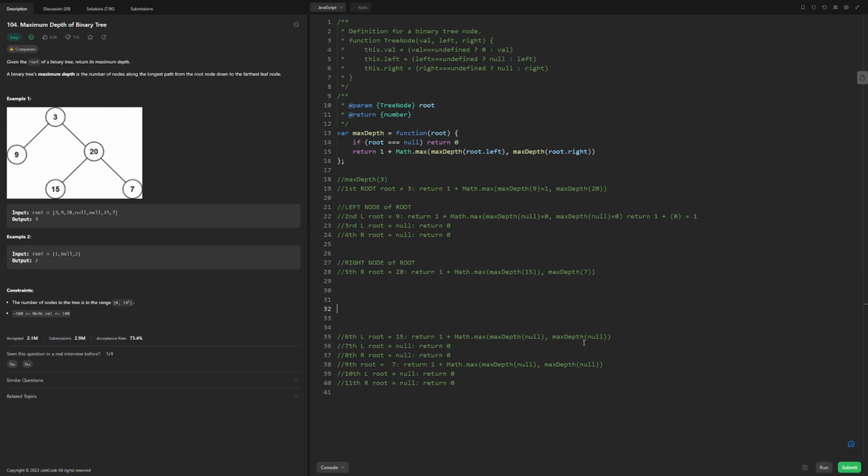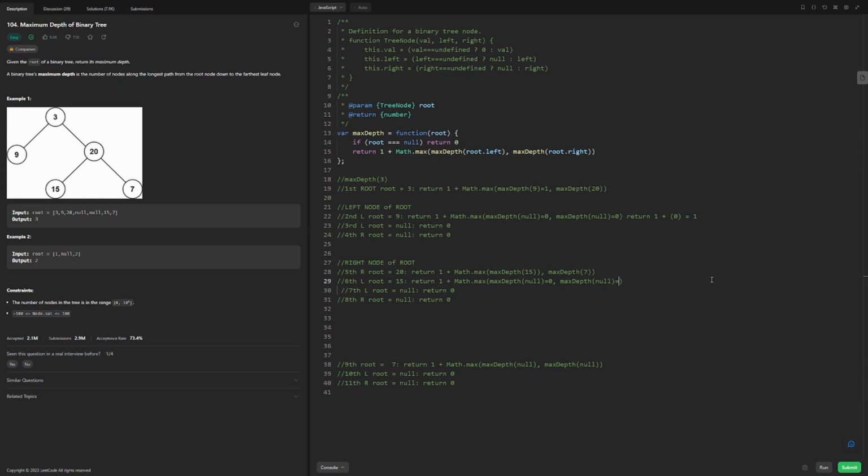So that means our sixth step is going to be this one. So we're checking the left, and root is equal to 15 now. So we go through, and what's to the left of 15? Null. What's to the right of 15? Null. So we do those two lines again, which we end up returning 0. So the left is equal to 0.